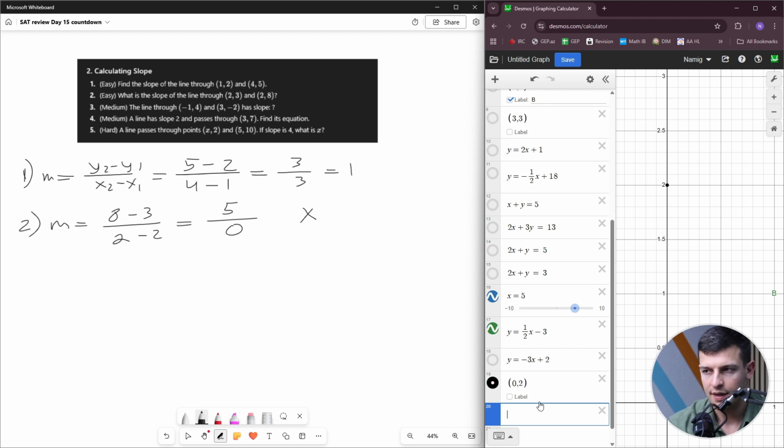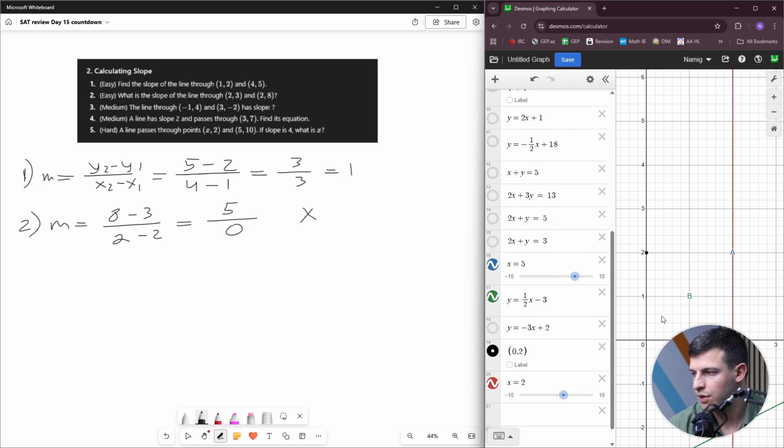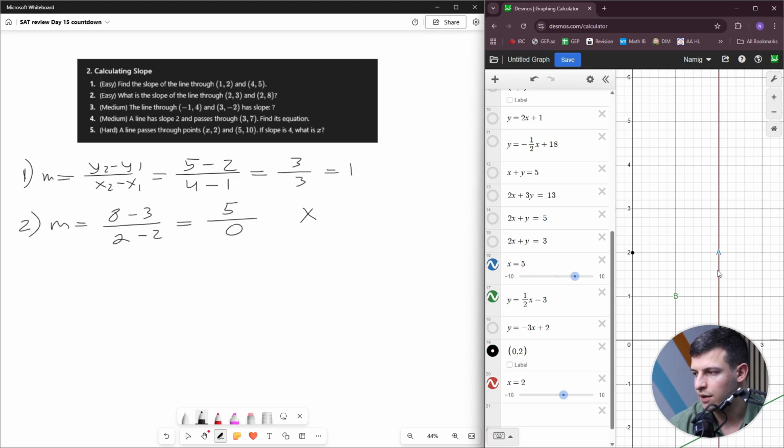So this equation is x equal to 2. Now, at x equal to 2, y is 3. At 2, y is 8. So x stays the same, but the y value changes. That means it's a vertical line, which has an undefined slope.